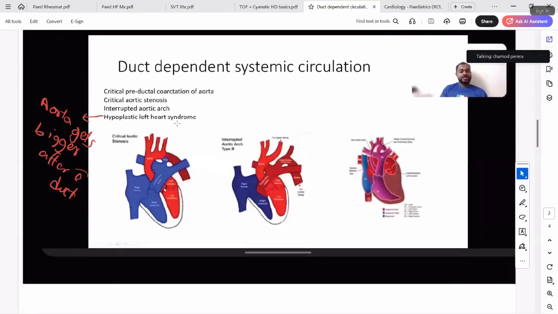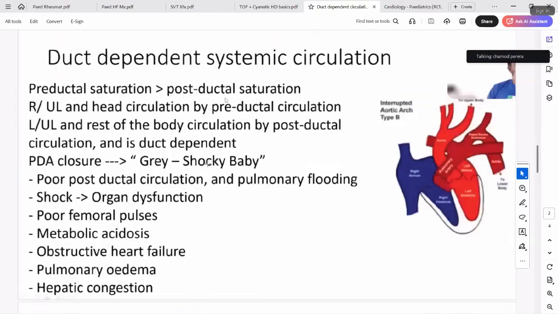So when the duct is going to close, the blood supply to the entire body is going to be affected. The baby is going to go into shock with the closure of the ductus arteriosus, right?